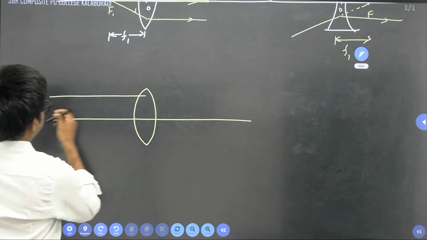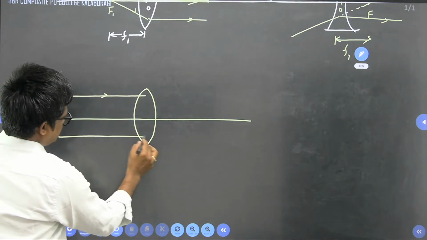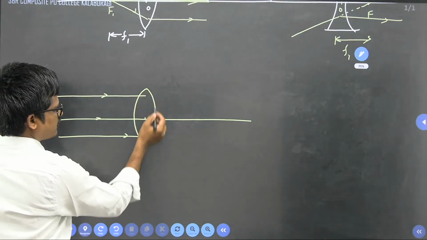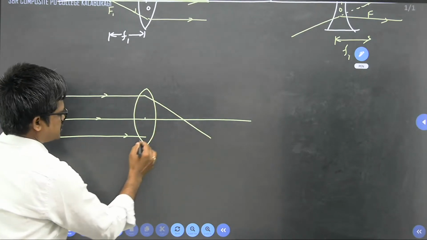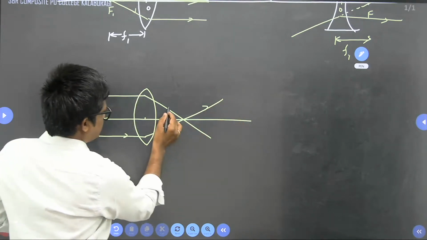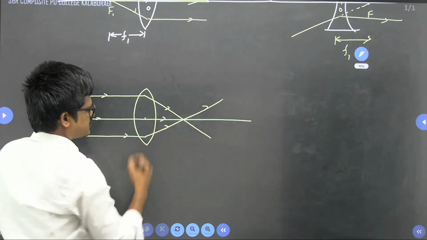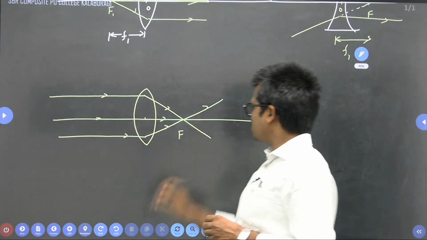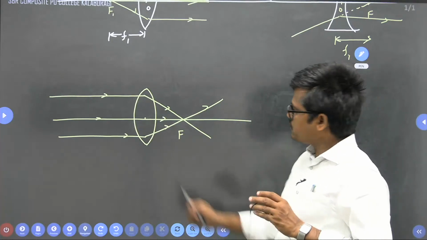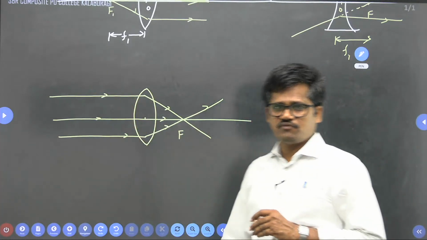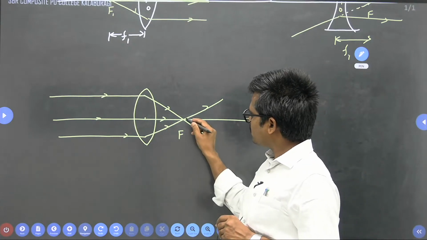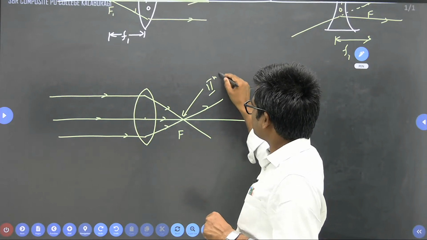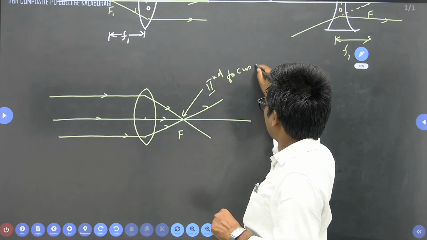The rays which are parallel to the principal axis, after refraction, pass through one point on the principal axis. Here in this case, the incident rays are coming from infinite distance. After refraction through the lens, the point where they meet, we call the second focus point.